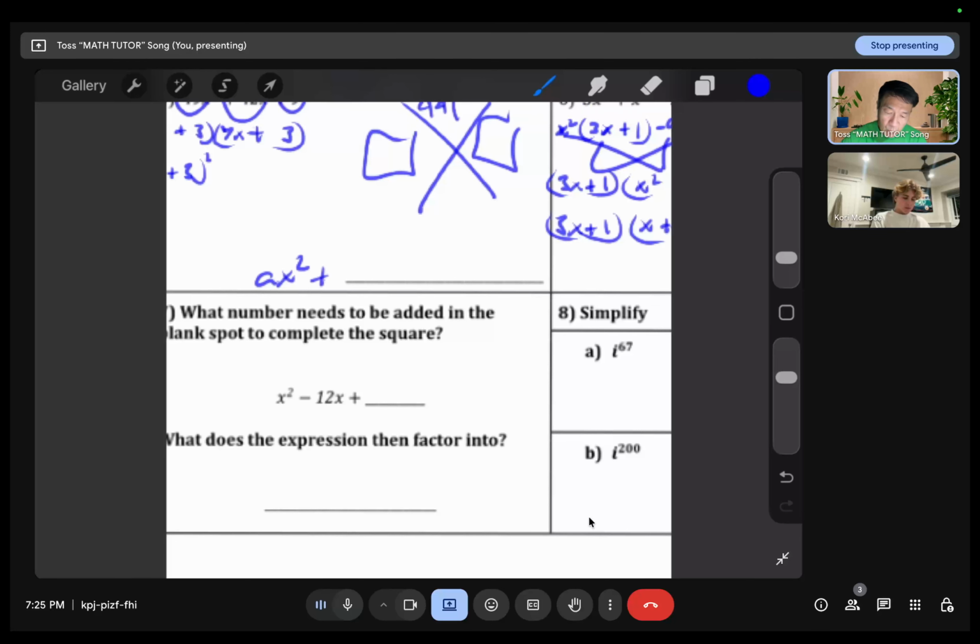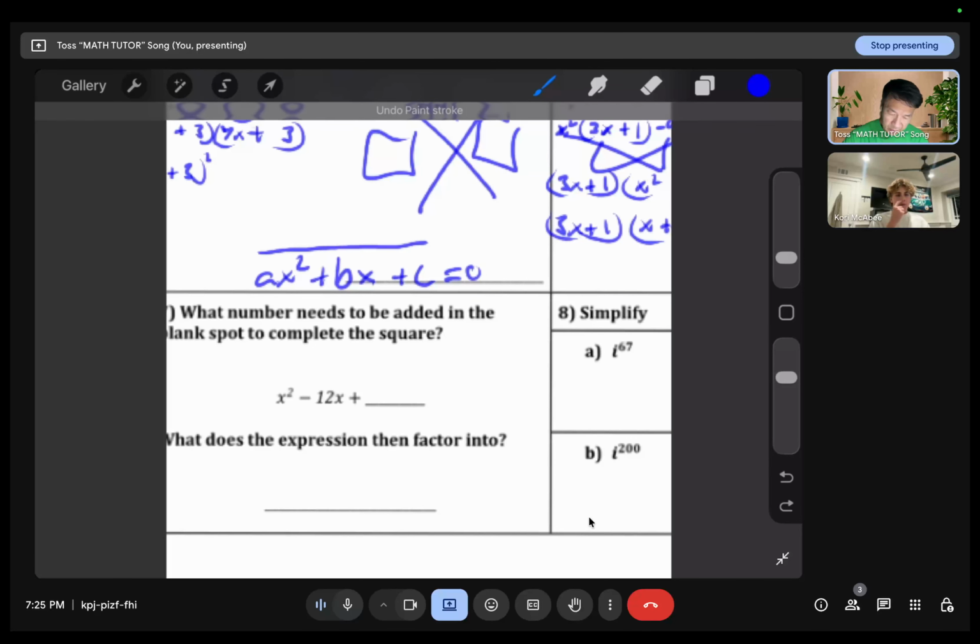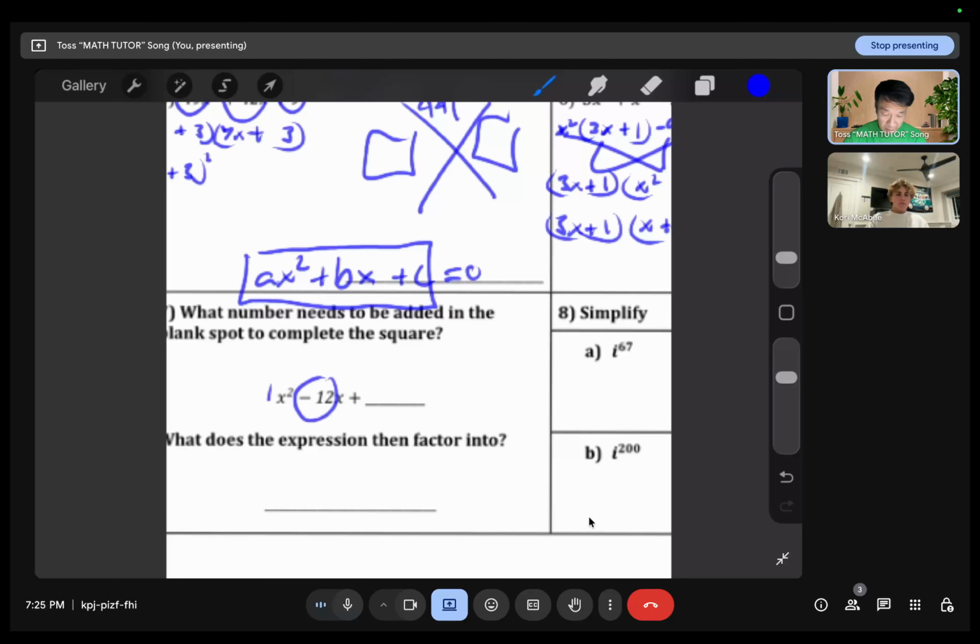It's called the quadratic, the general form, standard form of a quadratic. But you don't have to worry about the 0 part. So I think you recognize this. Therefore, a is 1, b is negative 12, and c is what you're trying to find.